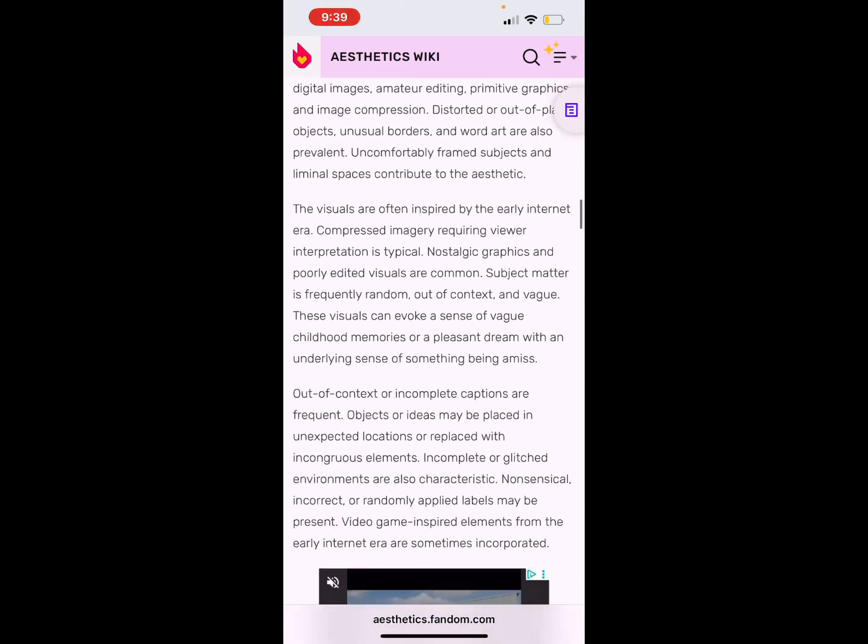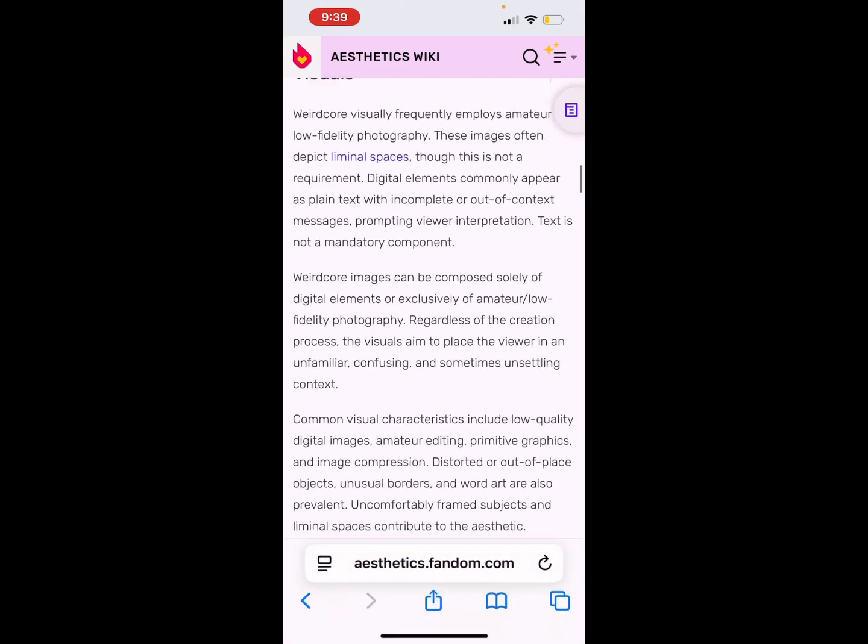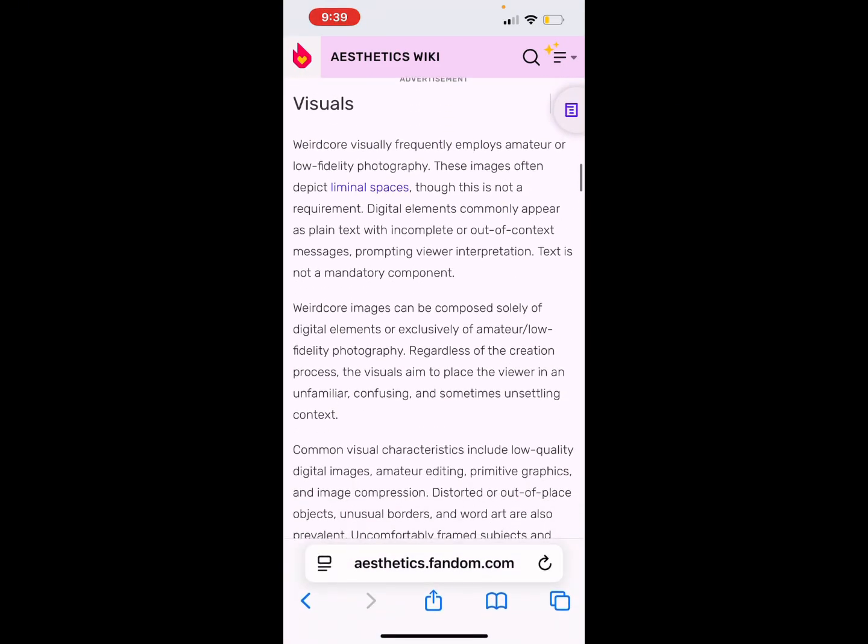Visuals. This is quite the long bit. Weirdcore visually frequently employs ultra editing or low fidelity photography. These images often display liminal spaces, although this is not a requirement. Digital elements commonly appear as plain text with incomplete or out of context messaging, prompting viewers' interpretation.